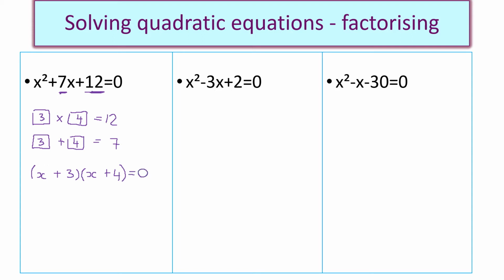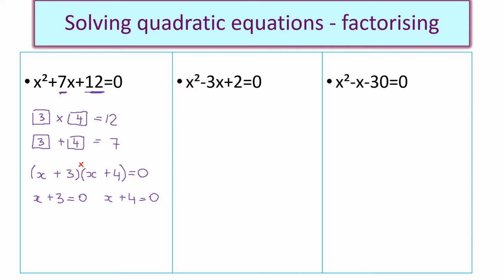Please remember that between the two brackets we've got multiplication. For us to be able to get 0 as our answer, one of those brackets must be equal to 0. So either x plus 3 is equal to 0 or x plus 4 is equal to 0. So we have two very simple equations.